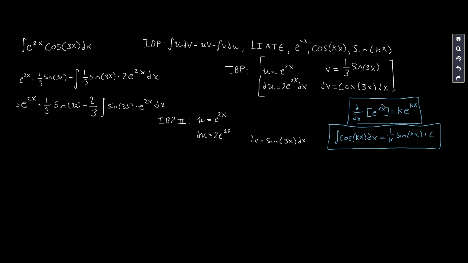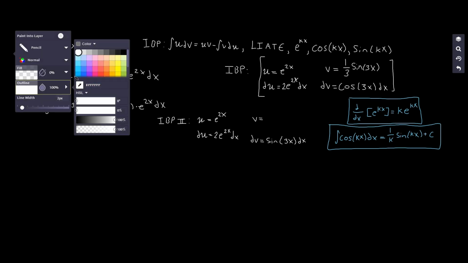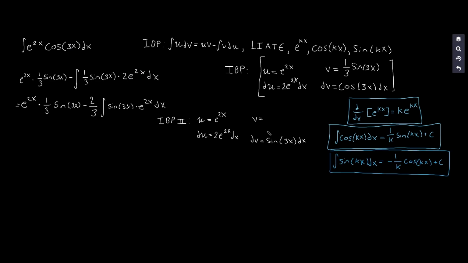For v, well, we have to integrate sine of 3x. Let me write out the formula for that. I think that's going to mean that we're going to have negative 1/3 cosine 3x, I think.